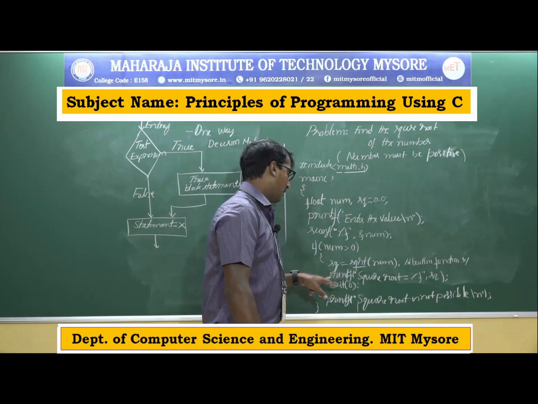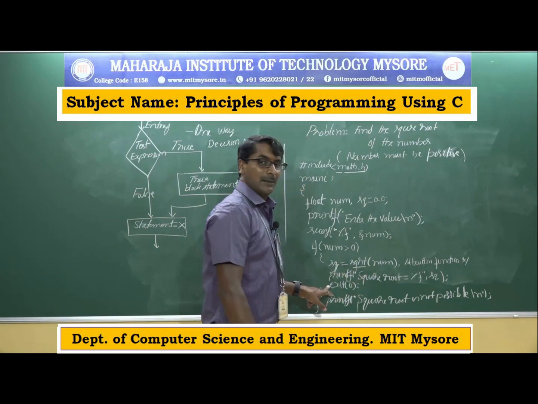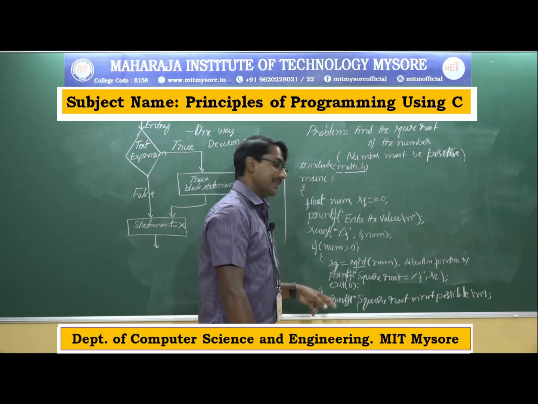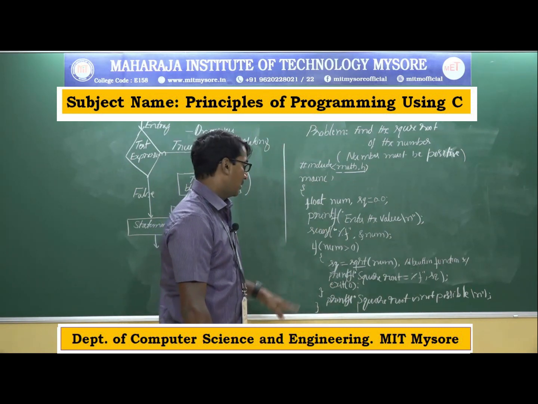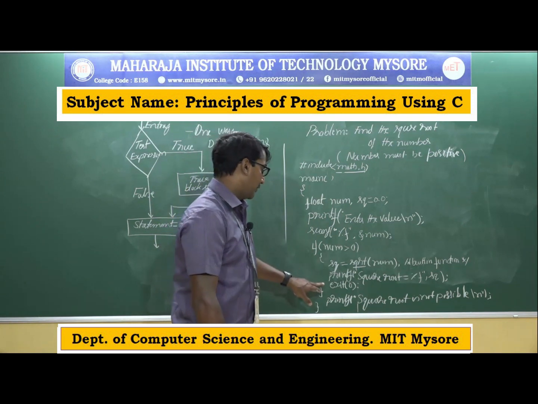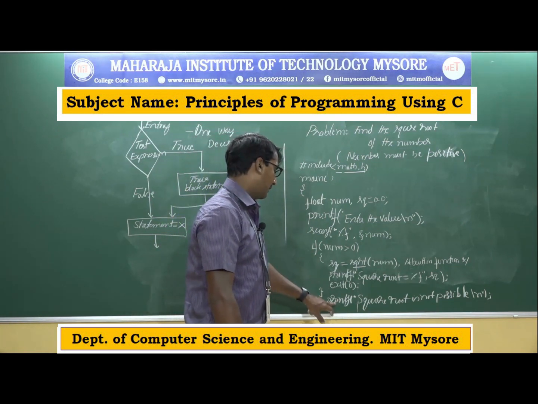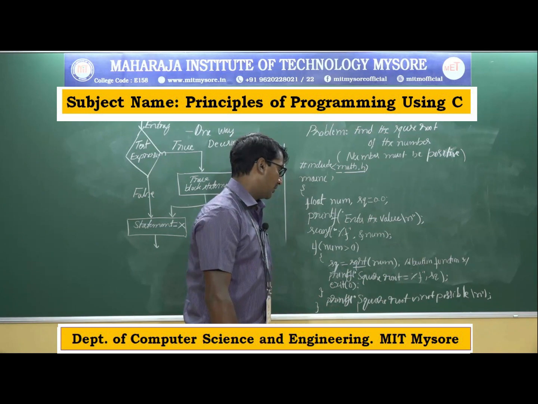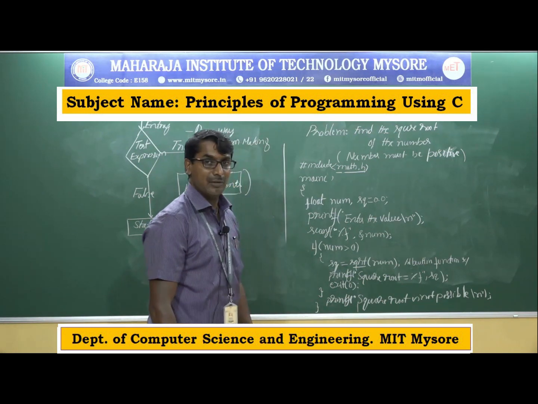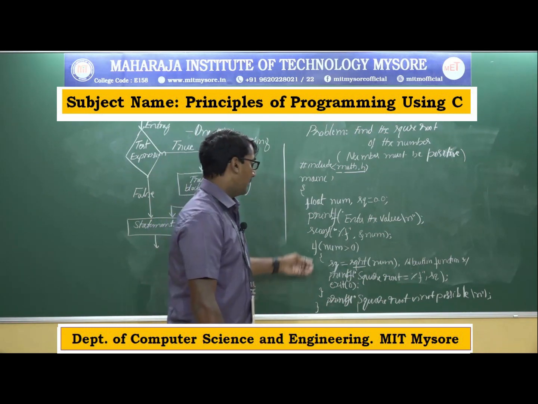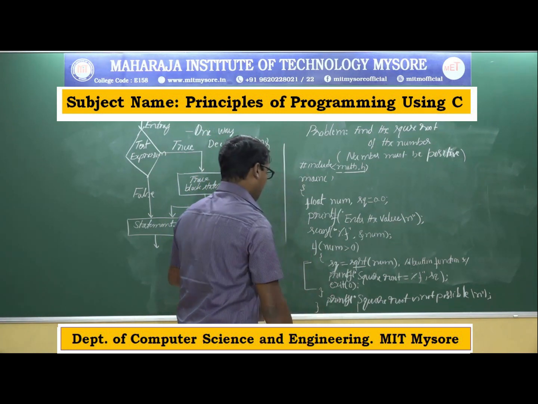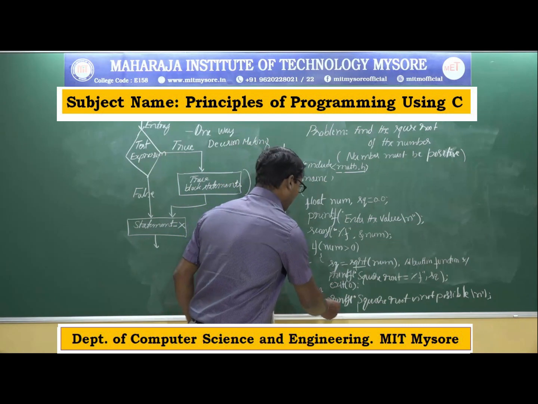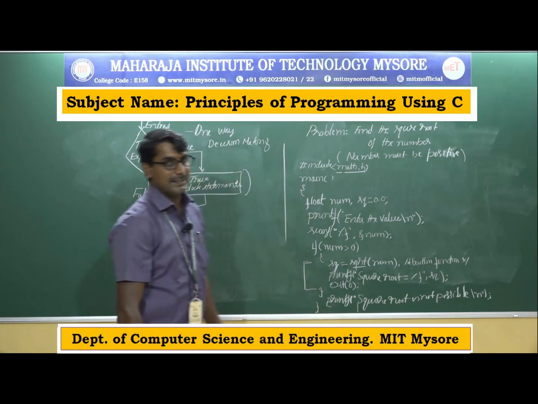After calculating, it will display the square root value, and here I have used one function called exit. Exit means it will terminate the program. So when it executes the exit function, the printf statement "square root is not possible" will be skipped. If the condition is true, these statements will be executed. If the condition is false, this statement will be skipped and the last statement will be executed.